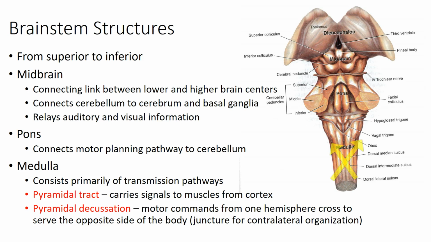This is the place where nerves switch over for contralateral organization. So things out on the right side of the body, those nerves are on the right side of the body until they get to the medulla, and then they switch over to the left side and propagate from there up the left side to eventually end up in the left hemisphere. Vice versa for things on the left side of the body, eventually ending up in the right hemisphere.